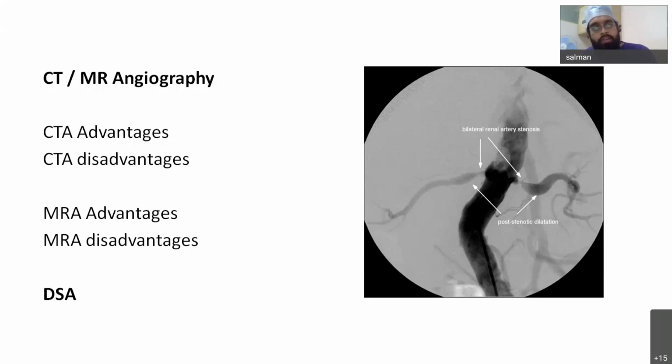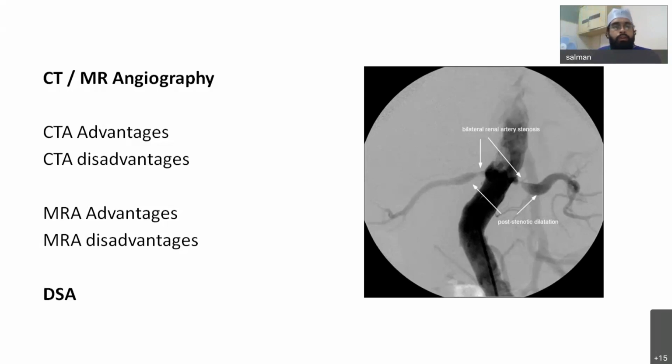MR angiography is the other modality. The major advantage is that there is no ionizing radiation and no iodinated contrast used in MR angiography. The disadvantages are long scan times and less spatial resolution. Many of the patients have implants, and MRI is incompatible with implants or pacemakers.